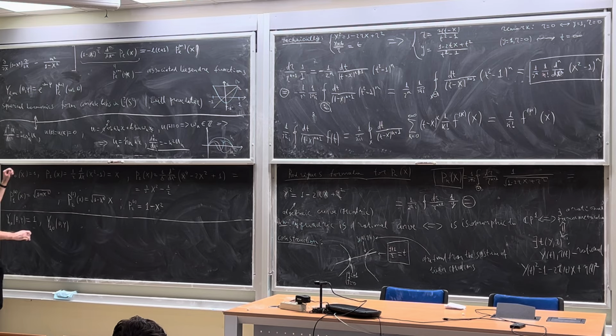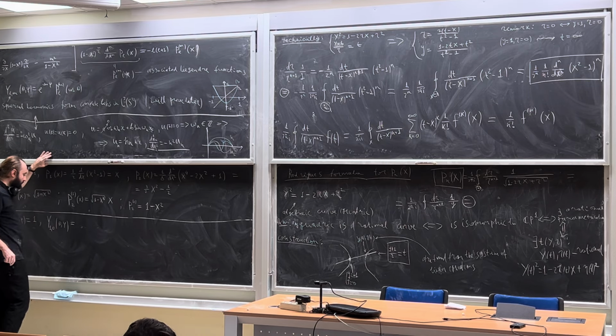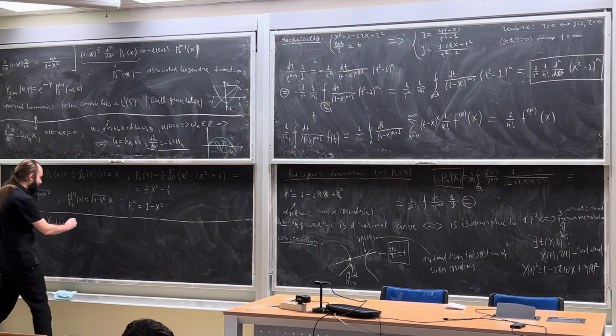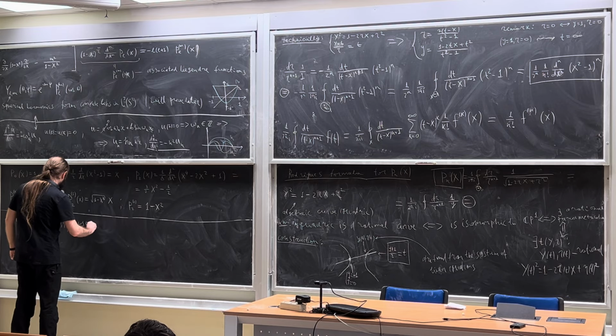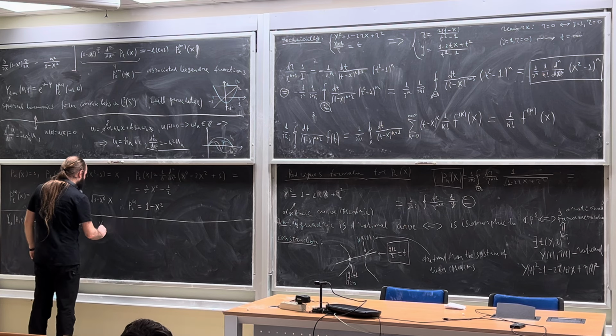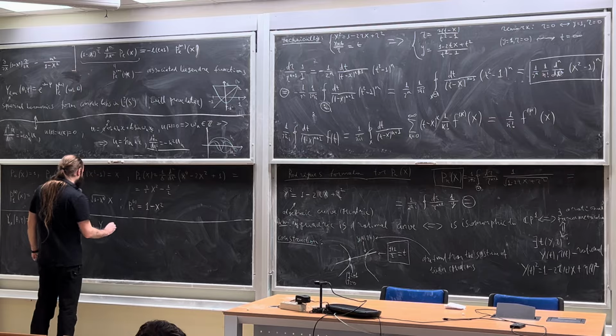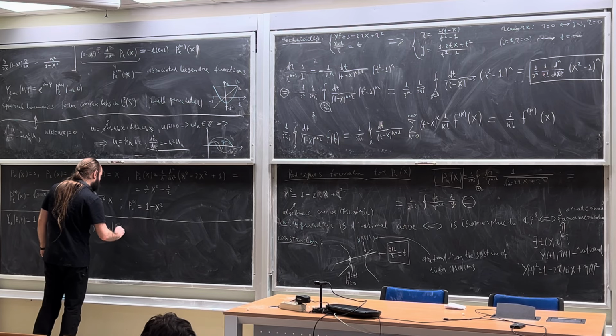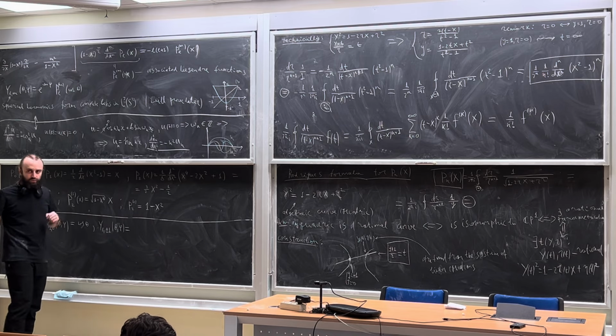Cosine of theta times e to the minus 1. Yes. Y1, I would write them as plus minus 1 of theta and phi. What do they equal to?